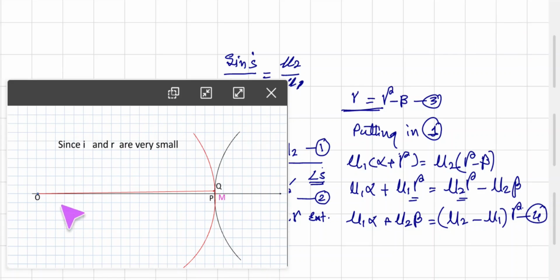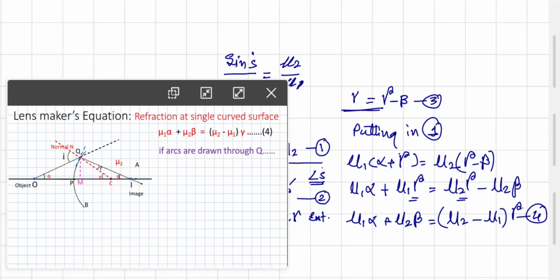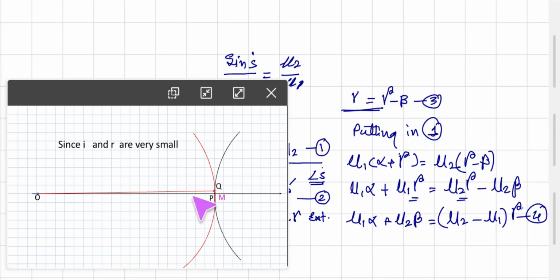Now one ray is passing along the optical axis, and another ray which we showed in the earlier figure. Look here, you see that this angle is very large, but practically we are considering the ray which is very close to point P. That means Q is very close to P. So here, as we can understand, the angle alpha is very small.